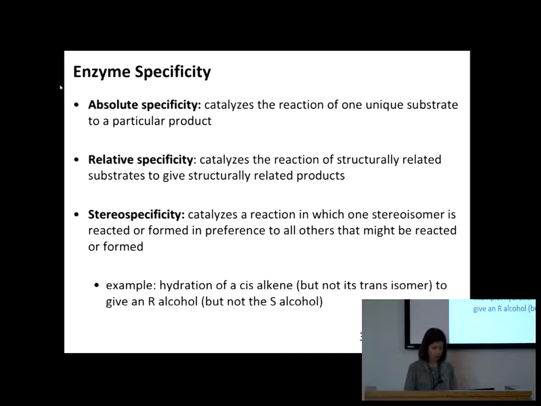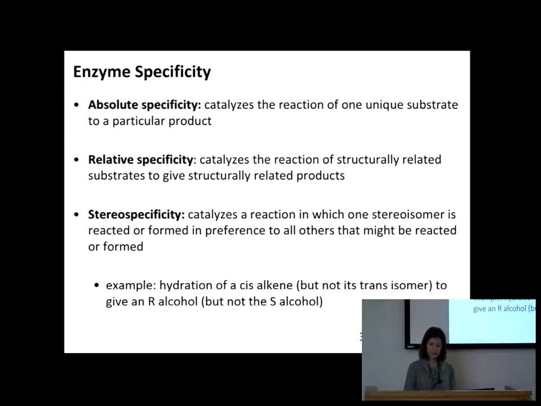Another, which is so cool, is stereospecific enzymes, where one stereoisomer, the left hand or the right, will be able to go into the active site rather than the other, or it can give one stereoisomer product rather than the other. So one mirror image rather than the other mirror image.